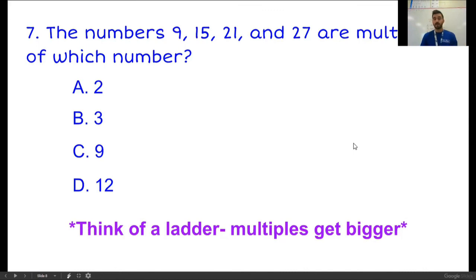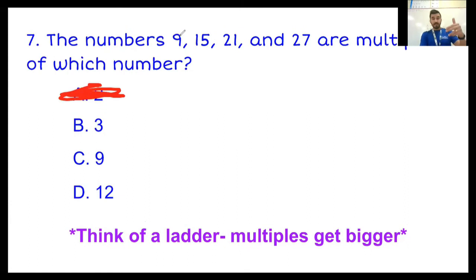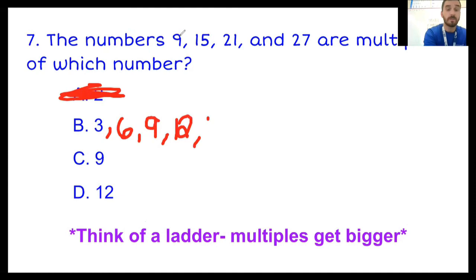Now with 2, that's one where I really wouldn't need to do much work at all because I know it has to end in an even number. None of those end in an even number. 2 wouldn't land on any of those, so I could eliminate that one from the jump. Now with B, that's one where I would maybe go ahead and list my multiples. I've already got 3 times 1 on there. 3 times 2 gives me 6. 3 times 3 gives me 9, 12, 15.